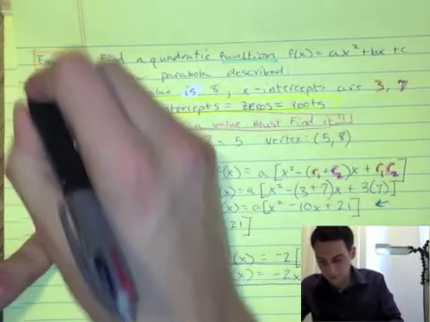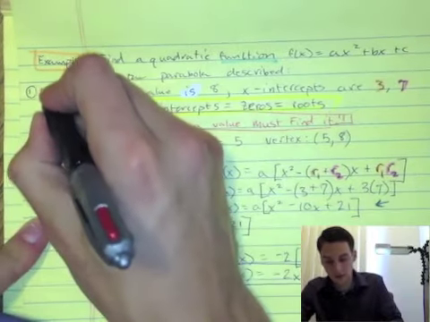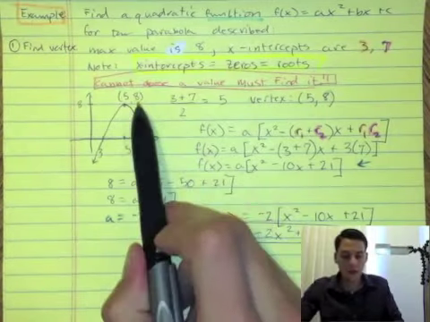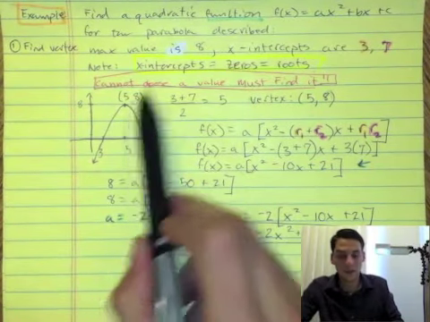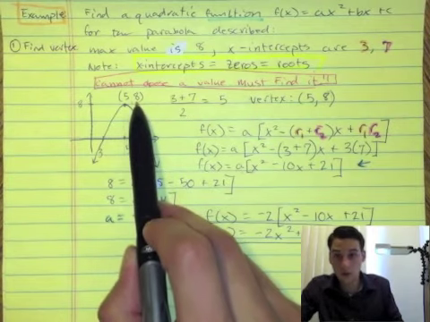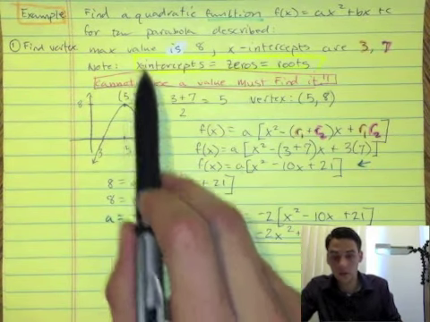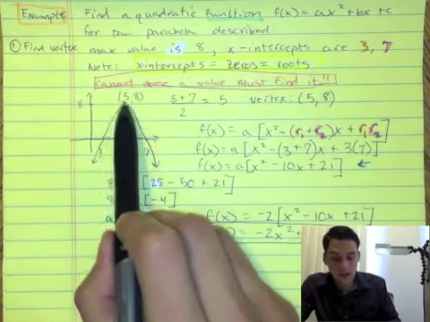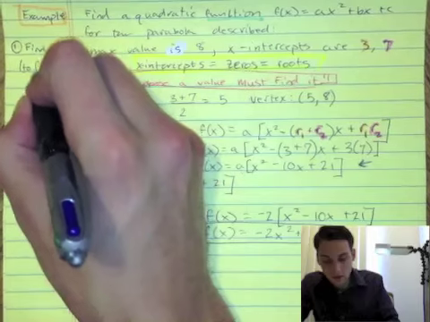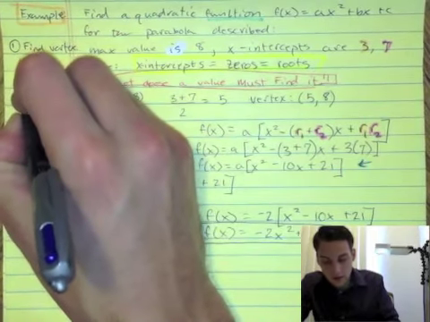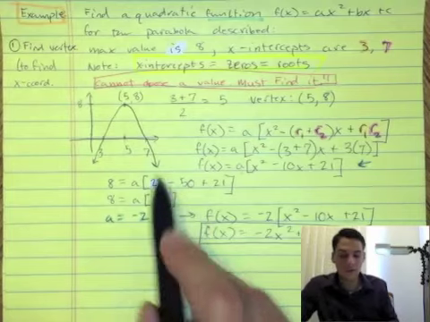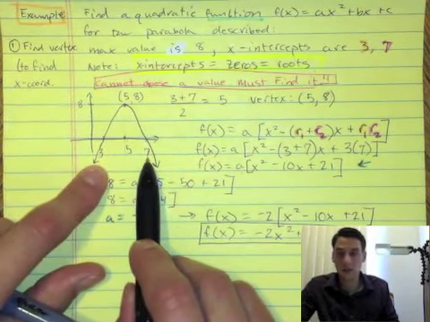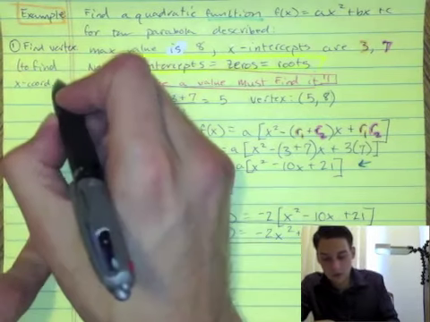So the first step is finding the vertex. We did that by interpreting the maximum value as the y-coordinate of the vertex, and that's always going to be true. It might be a minimum value, but it's still the y-coordinate of the vertex. Then, to find the x-coordinate of the vertex, take the average of your x-intercepts, or the average of your roots.